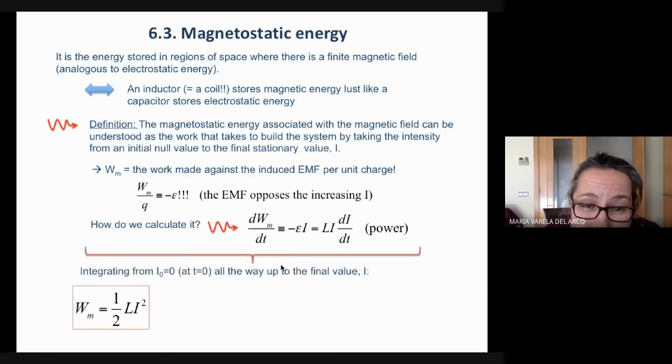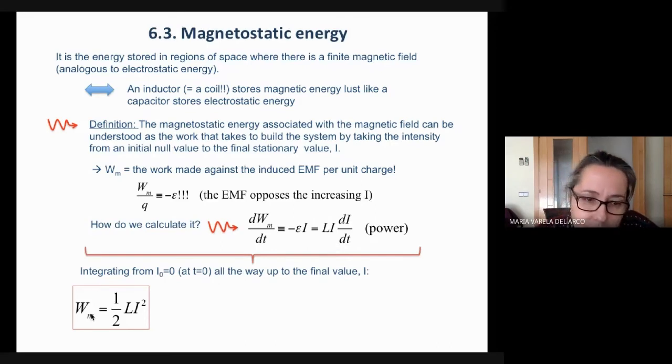Now, if we integrate this expression with respect to time, it's not difficult to see that the integral will be final energy minus initial energy. If the initial moment is t equals 0, there is no energy, so just total energy here. And then the integral with respect to time from 0 to final intensity of this thing is going to be 1/2 of Li squared.